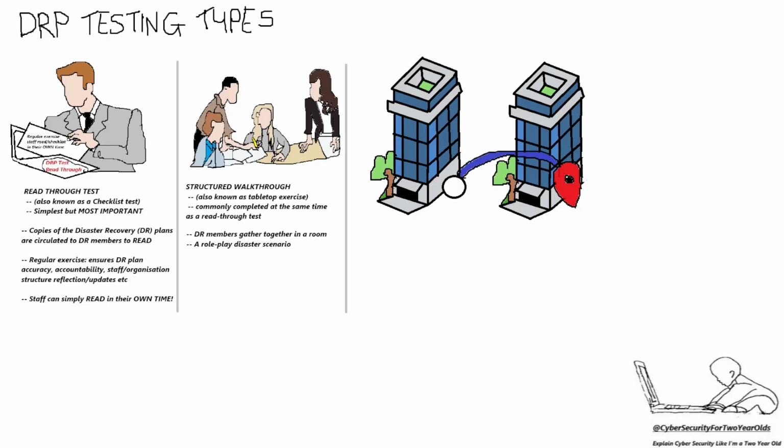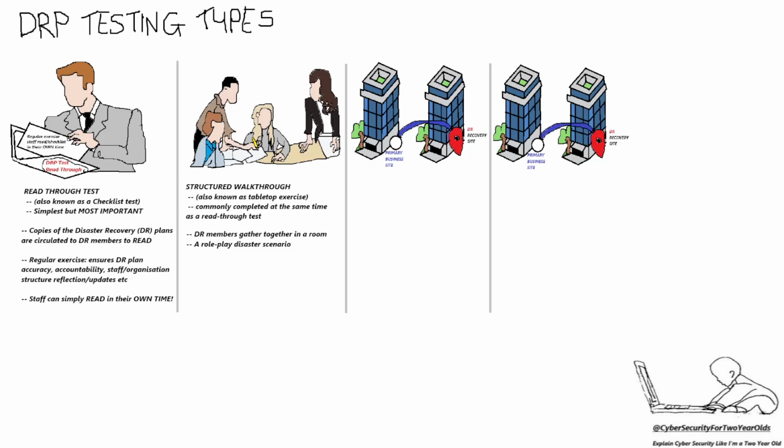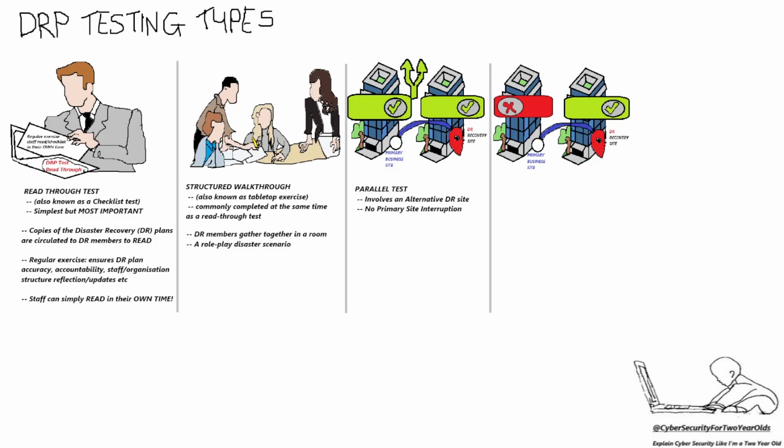This may involve relocating some staff whilst business continues in parallel at the primary site. The flip of this test is a full interruption test, which involves an alternative site. However, the primary site will be switched off and all staff will be relocated to the alternative site, meaning there will be an interruption to the business operations and the primary site.